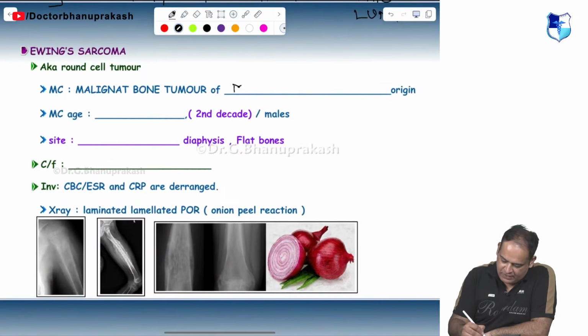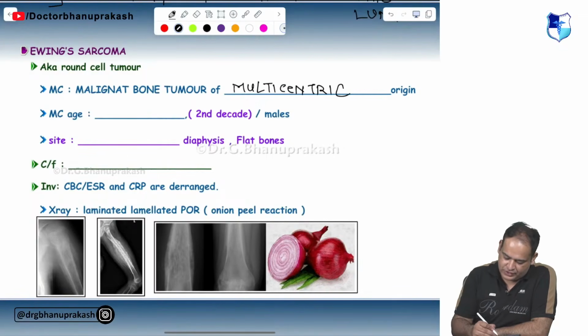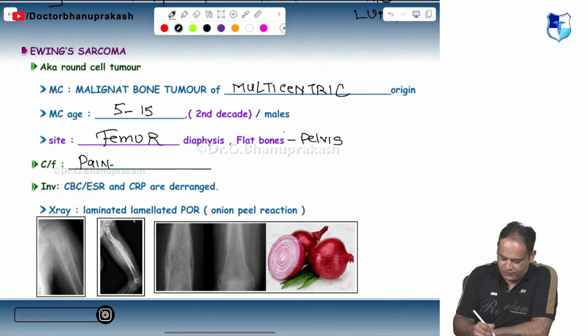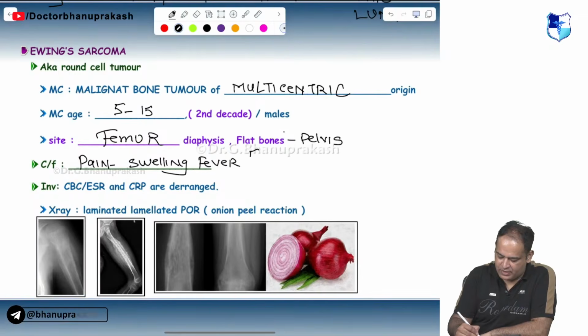Fine. Ewing sarcoma, most common tumor of multicentric origin. Most common age 5 to 15 years. Site: femur diaphysis and pelvis. Clinical features: pain, swelling and fever.